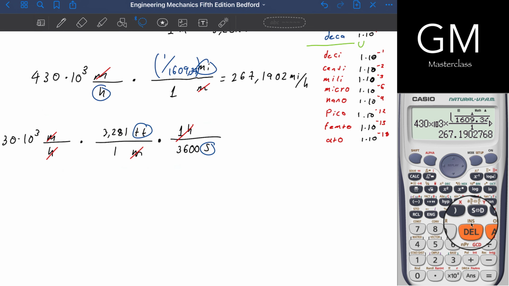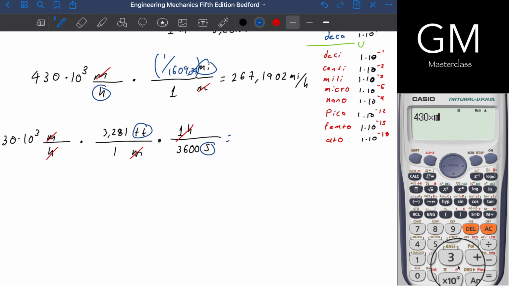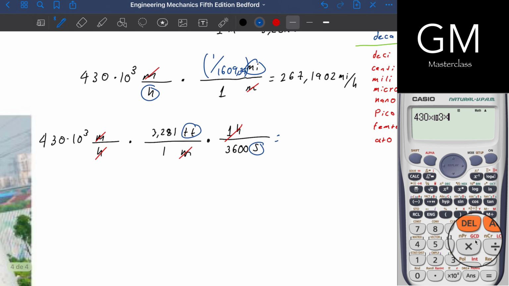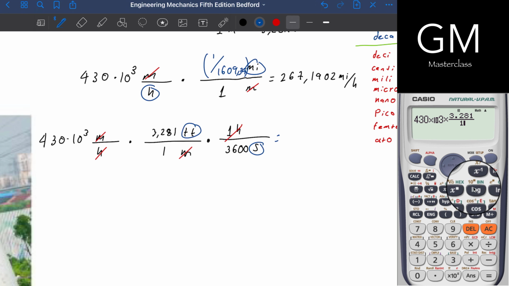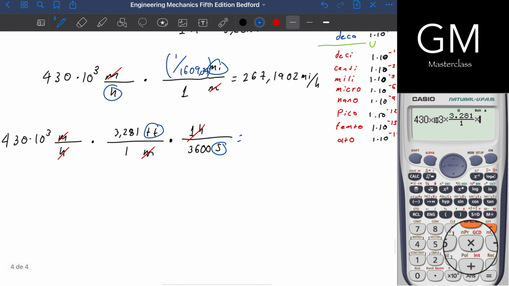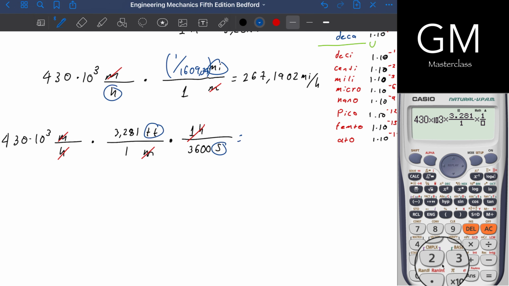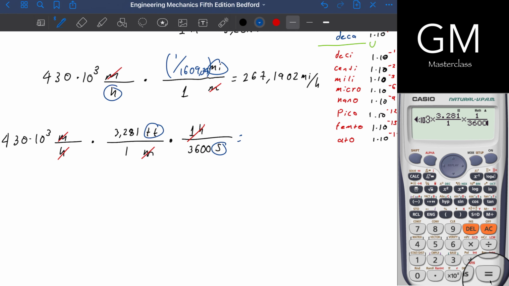So I'm going to write this equation in the calculator: 430 times 10 to the third power, multiplied by 3.281, multiplied by 1 divided by 3,600 seconds.